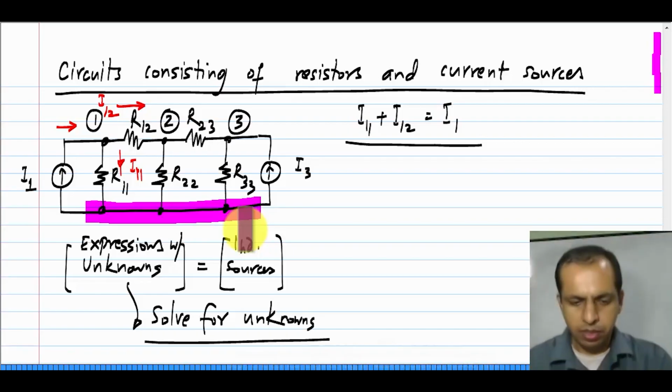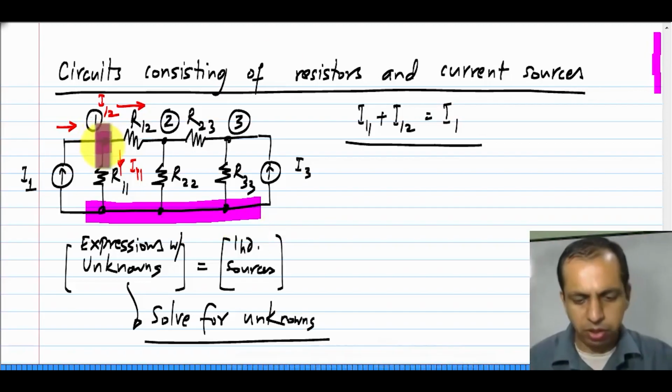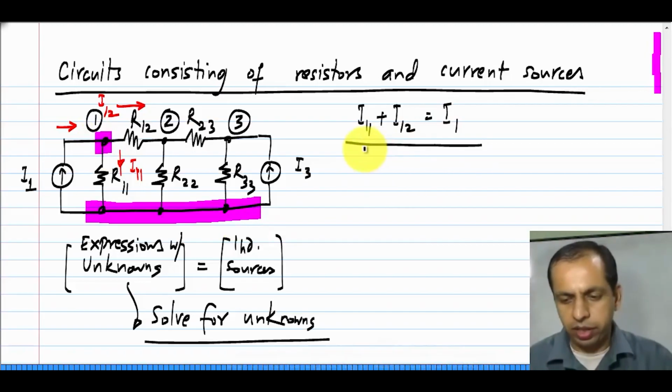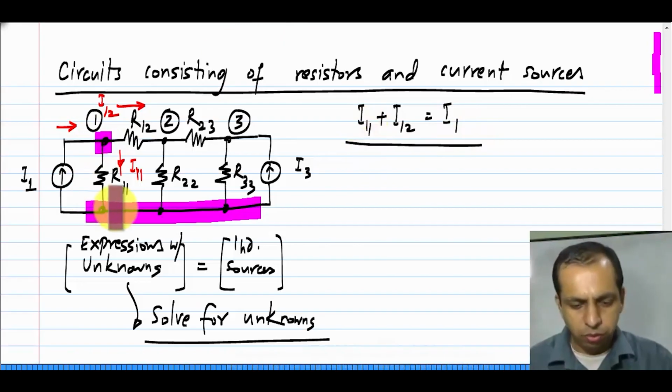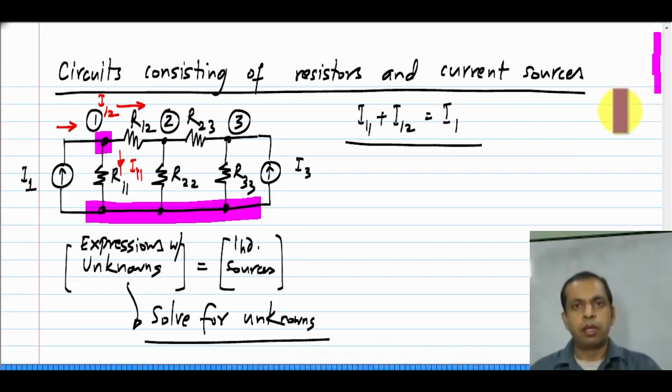So, let me take this particular node and rewrite this I11 in terms of the voltage across the resistor and the resistance value. Now, before setting down our nodal equations, I have to choose some variables as the voltages which I will solve for.